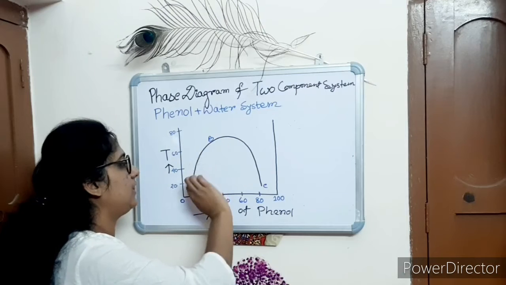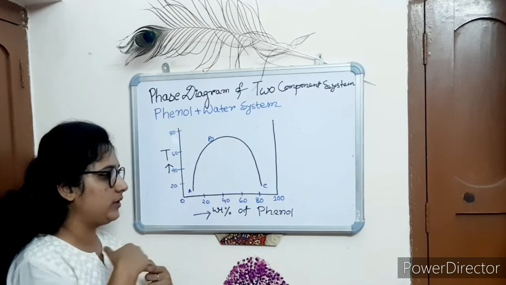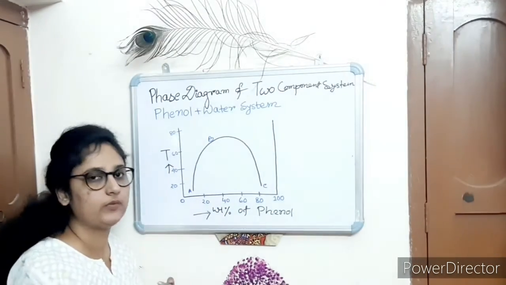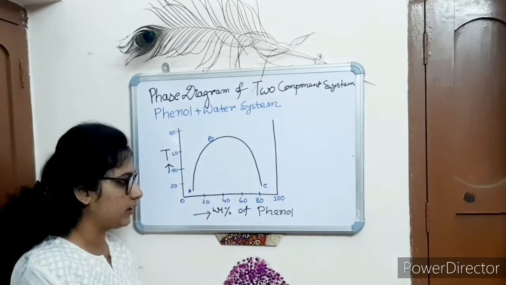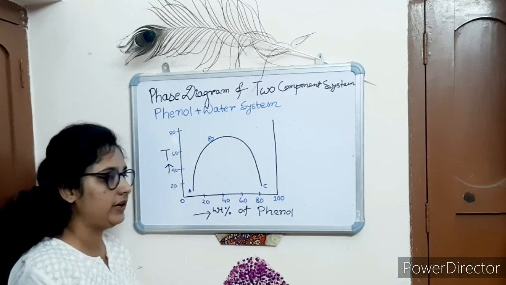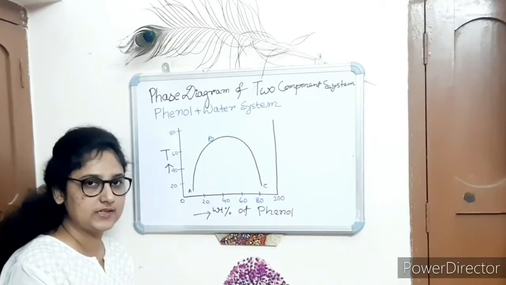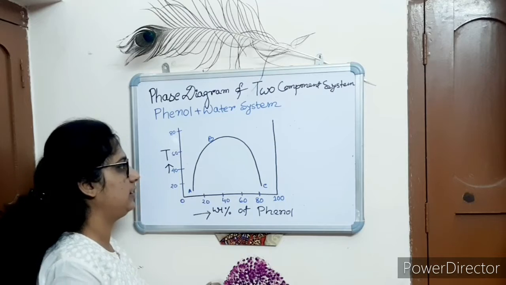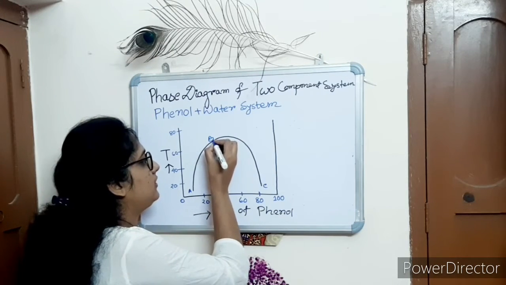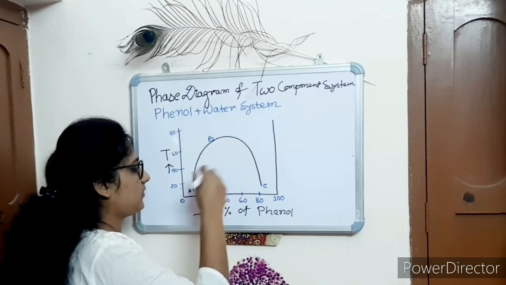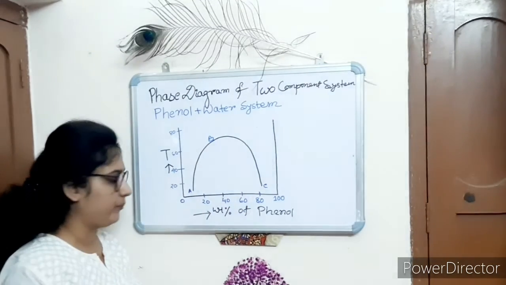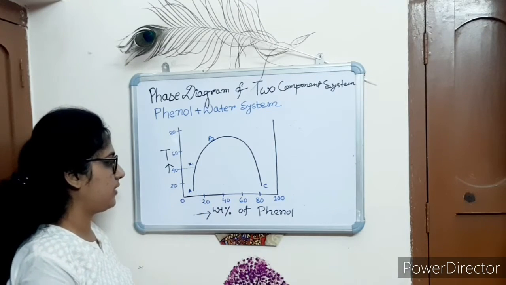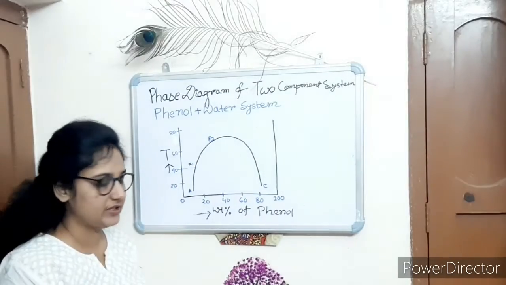Now this AB line indicates the phase equilibrium line when phenol is added to the water system, and this CB line is the phase equilibrium line when water is added to the phenol system, and these two lines meet together at a point B. Let us assume this is the point B, then these two curves meet at the point B. Now taking the x1 fraction of phenol added to the water system at 40 degrees Celsius temperature.